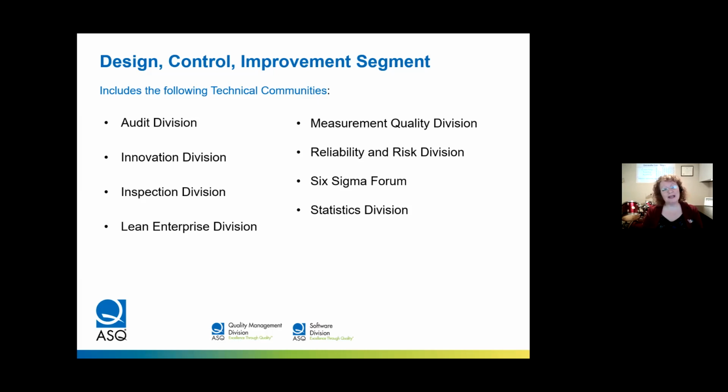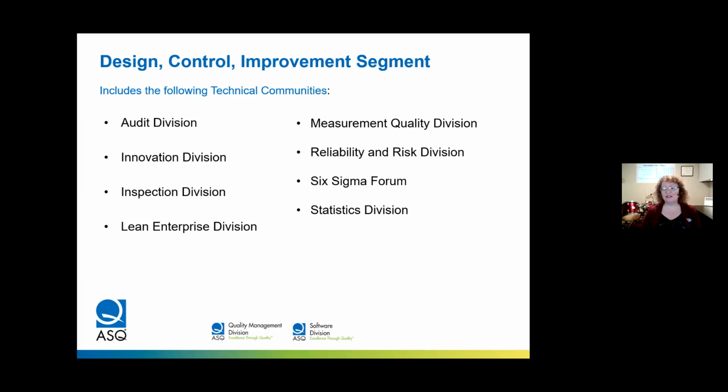There's so much information that you can learn by taking advantage of audit division webinars. If you want to have a monthly webinar on a new topic, maybe it's second-party audits. Maybe it's how to conduct remote audits, how to plan for your next audit, how to rejuvenate your audit program. All of these would be things that we would talk about within that division, within that common interest area. Okay.